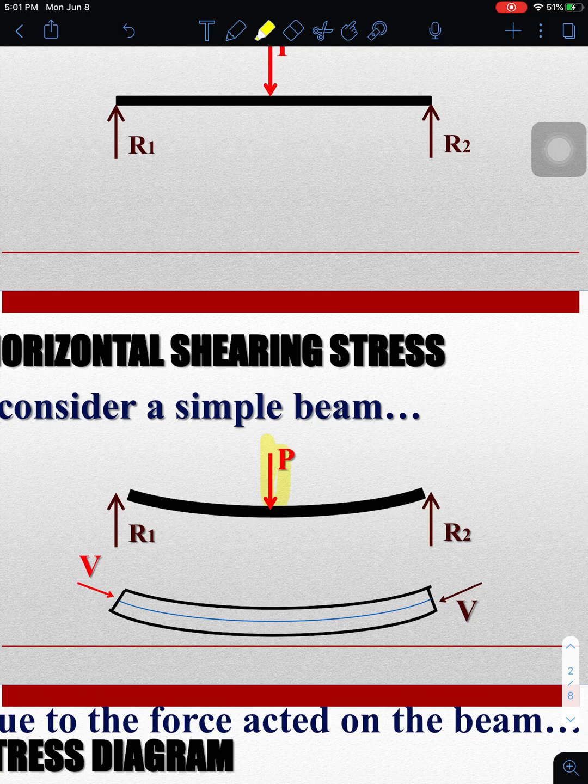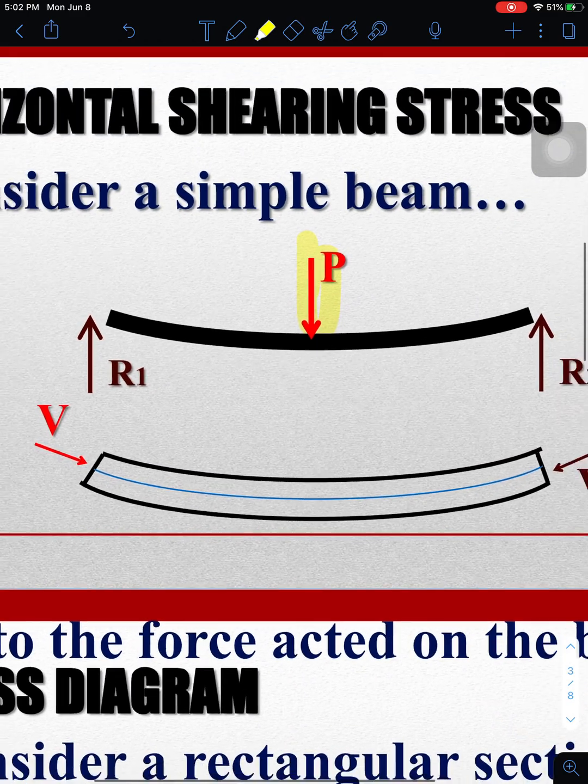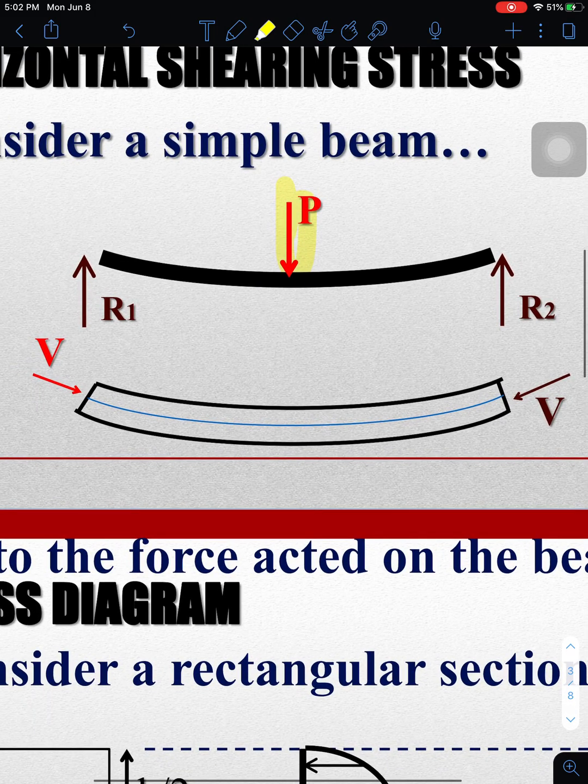So if you try to imagine this application, as you have seen here, we have forces applied tangentially along the longitudinal section of the beam. This is the force that breaks the fiber, or splits the fibers from bonding, and that's the reason why there is cracking.